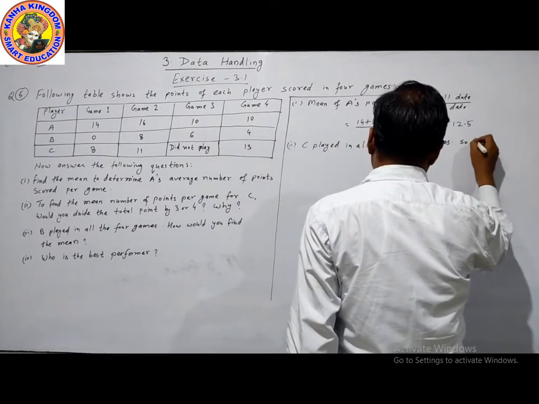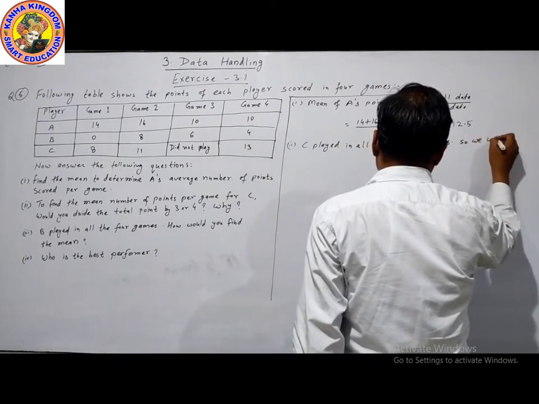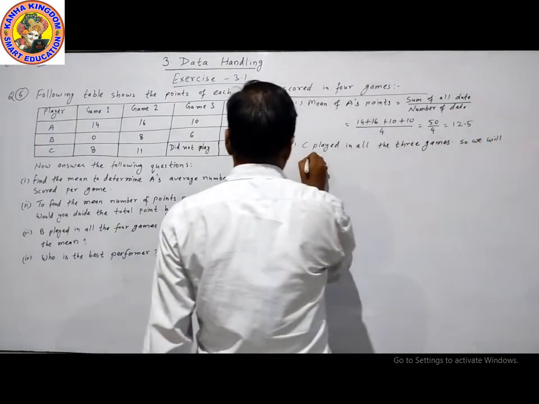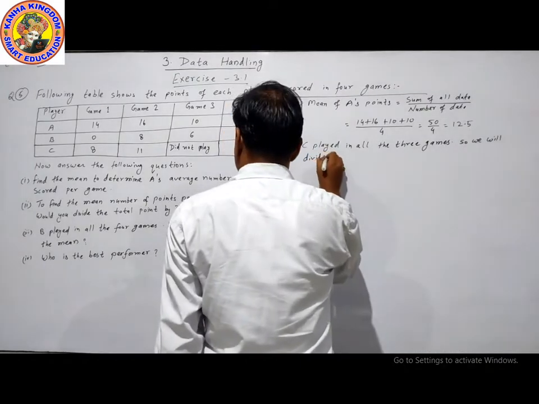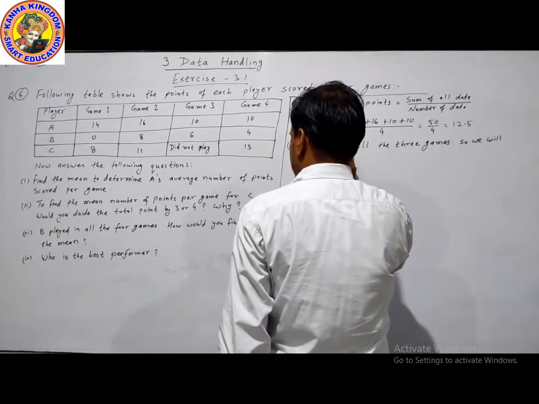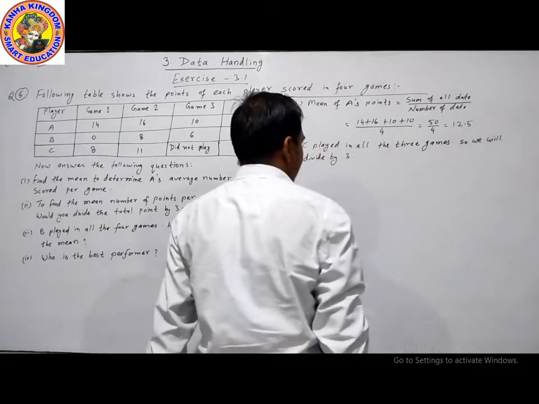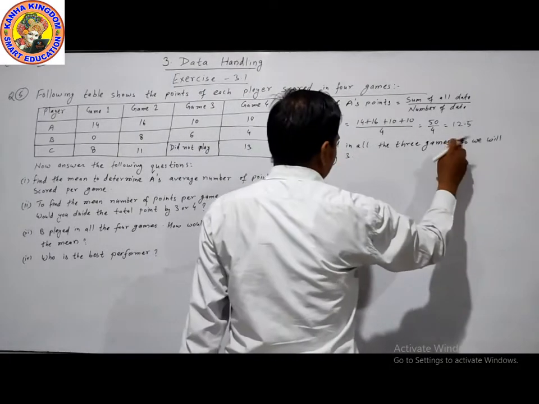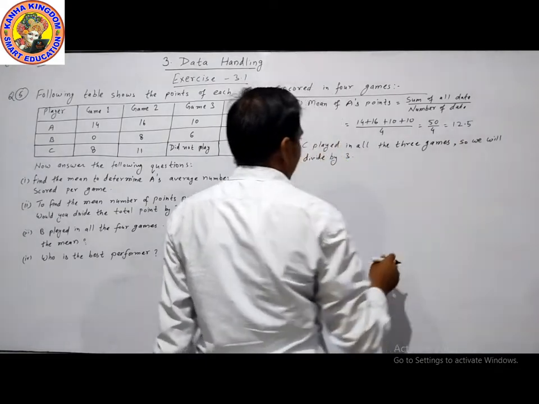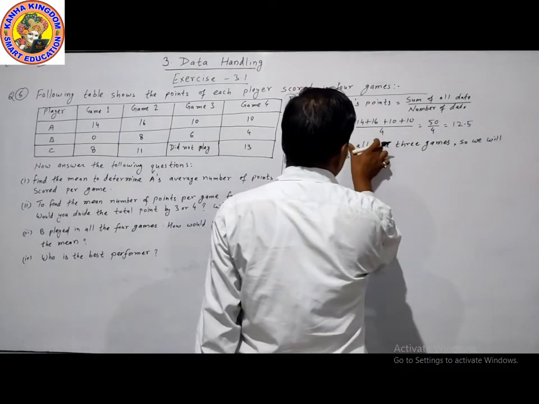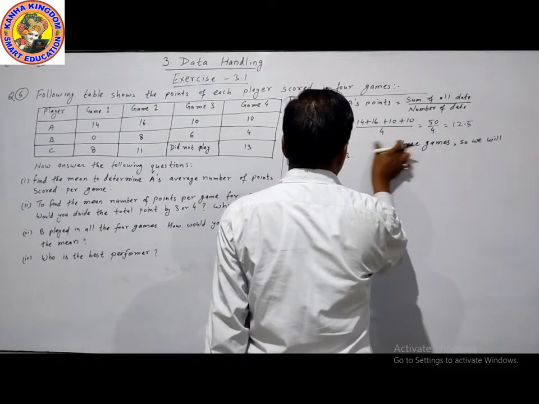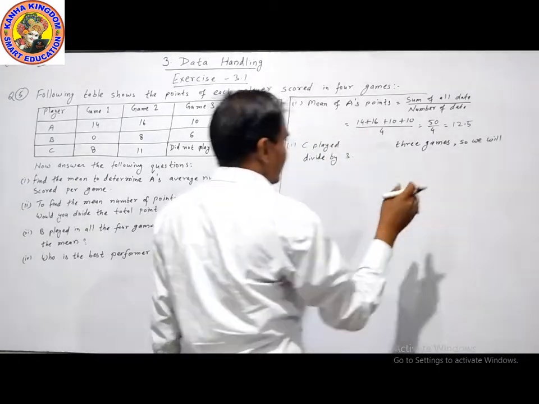So we will divide by 3. Player C played 3 games. Player C played 3 games.